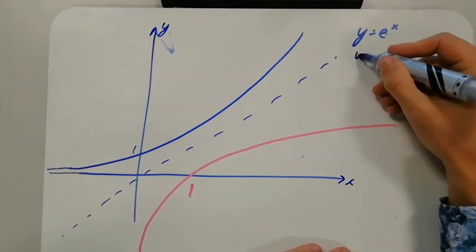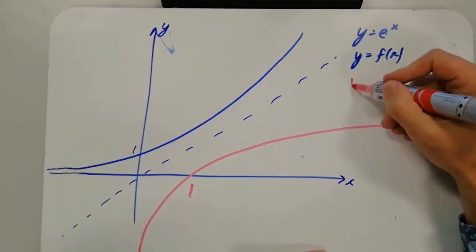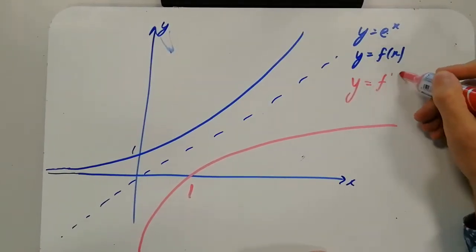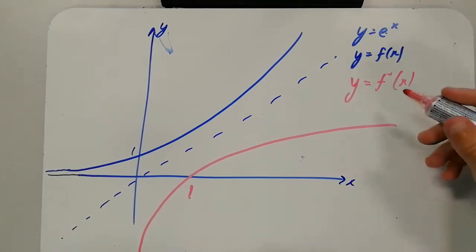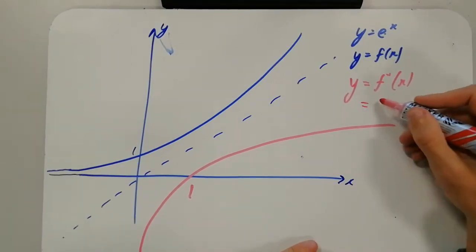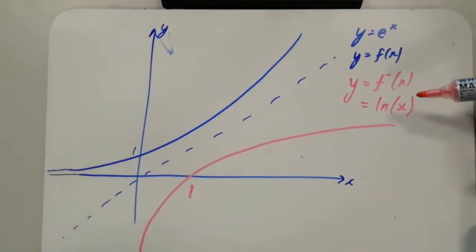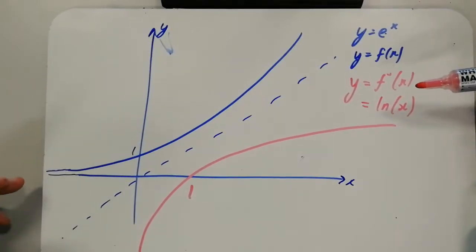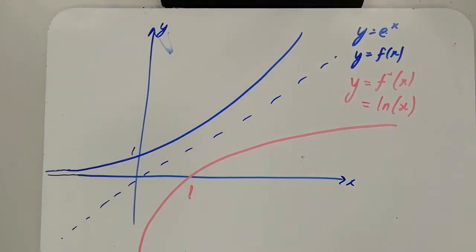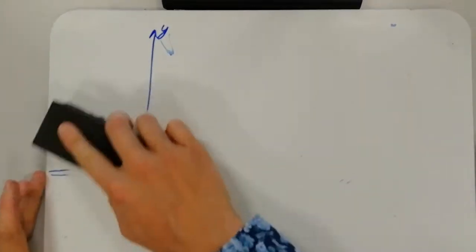So if that is y equals f of x, our inverse function will look like this. And we should recognise that as the log graph. ln x is the inverse function of e to the x, and the graph of ln x is a reflection in the line y equals x.